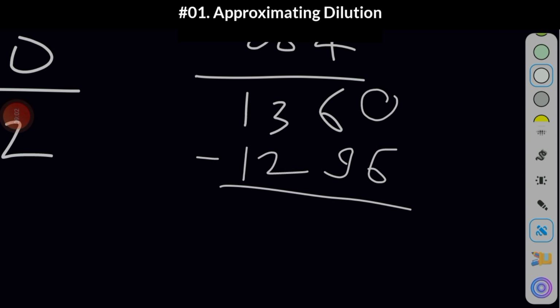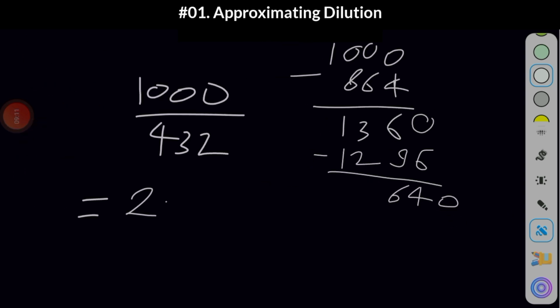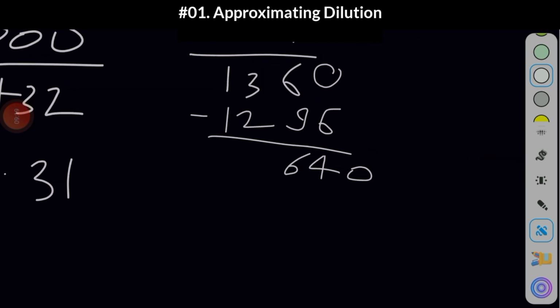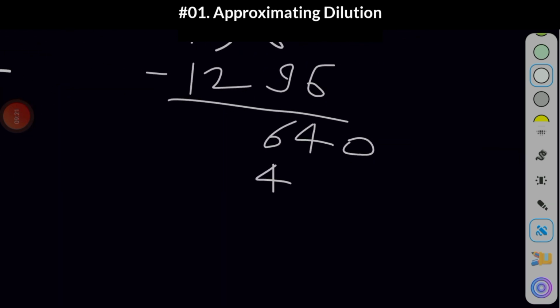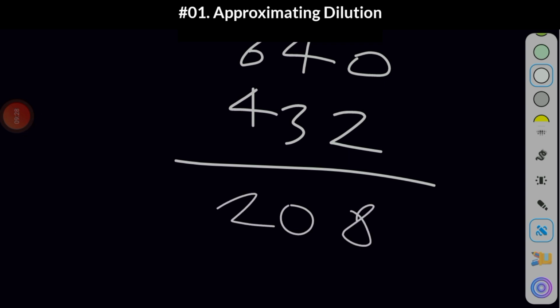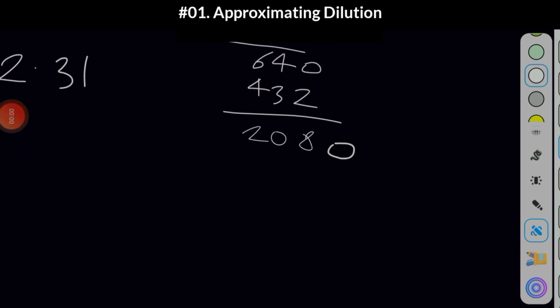96. How much is remaining? Well, adding 4 to 296 will give me 300 plus 60, so that will give me 64. Let's add a 0. Now we have no other chance to take 1, which is 432. Subtract this, we get 0, 8, and we get 2. Now we have to add a 0 in here.